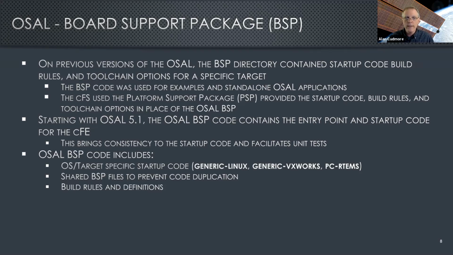Again, this makes porting easier because you don't really need variants of a certain BSP or PSP. For example, you don't need a PowerPC RTEMS BSP versus an ARM RTEMS BSP where the only difference is the build commands or the compiler commands and options. Those can all be in the toolchain file. Okay, next slide, please.